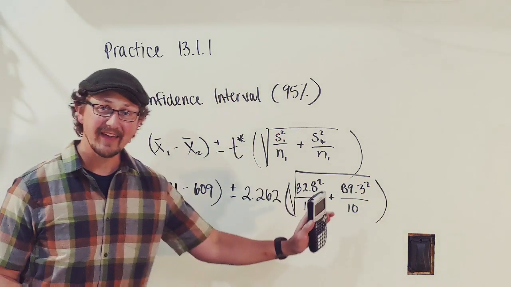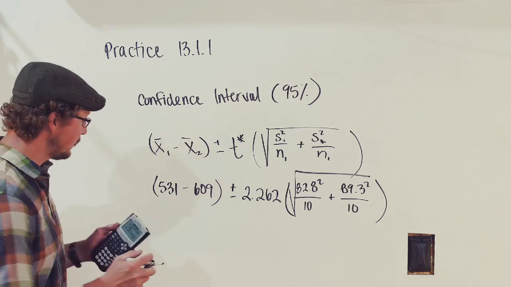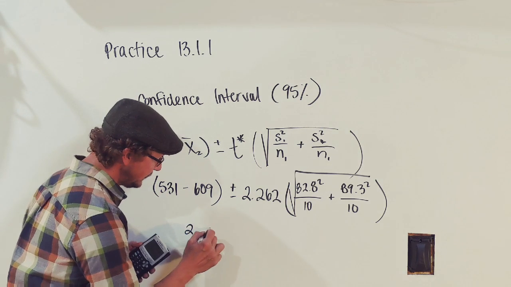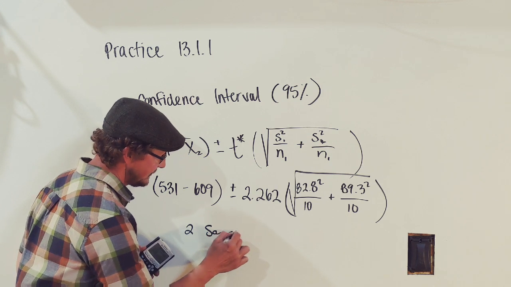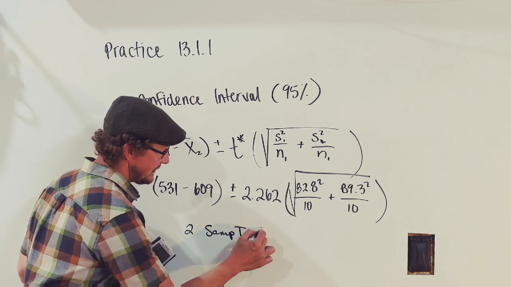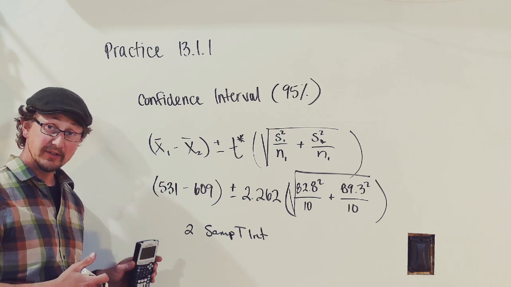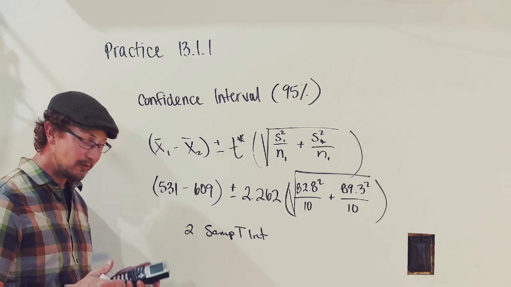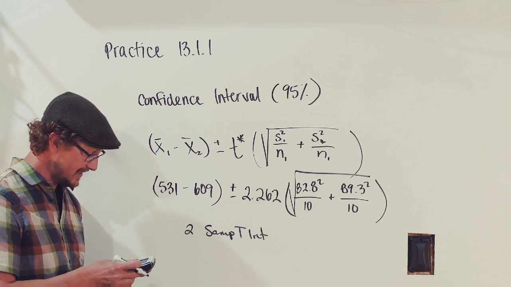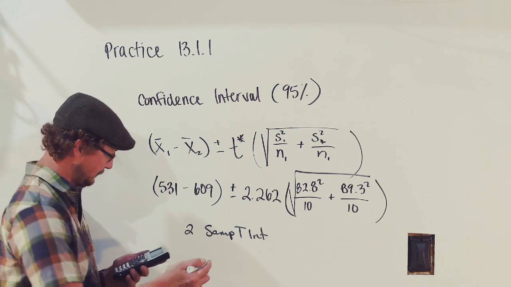And this is a calculation that's happening when I do a two-sample t interval in my TI calculator. What is the two sample t interval? What comes out? What's my low value and my high value? Well, it looks like this.